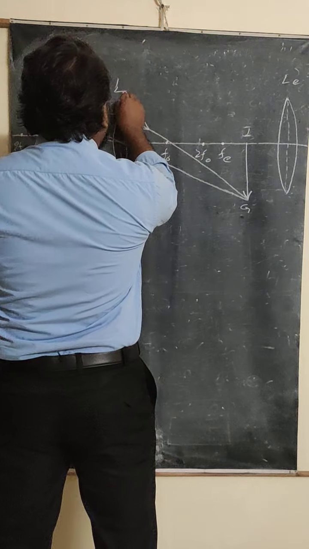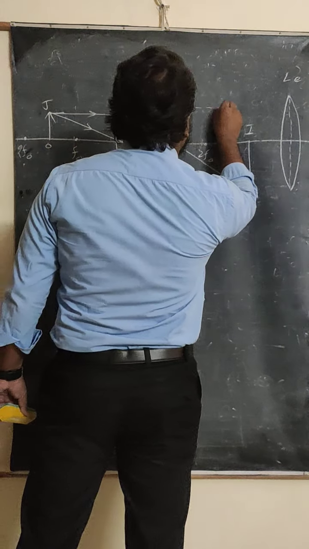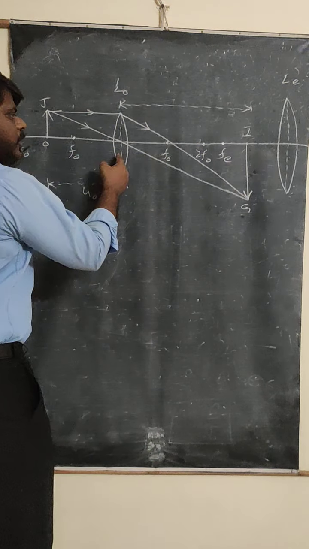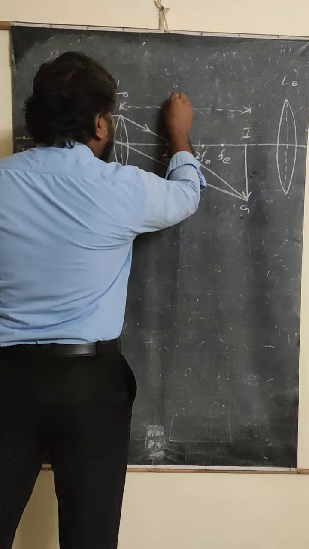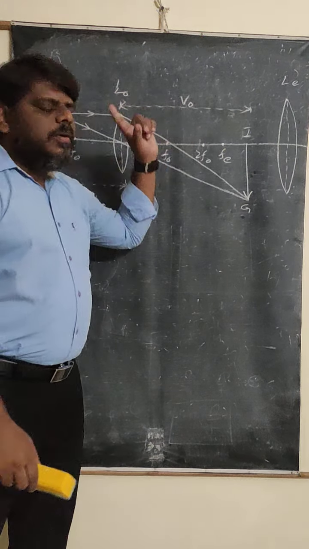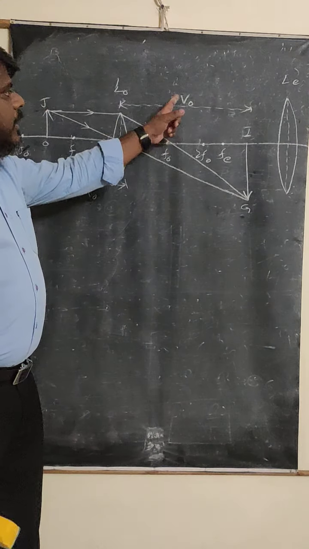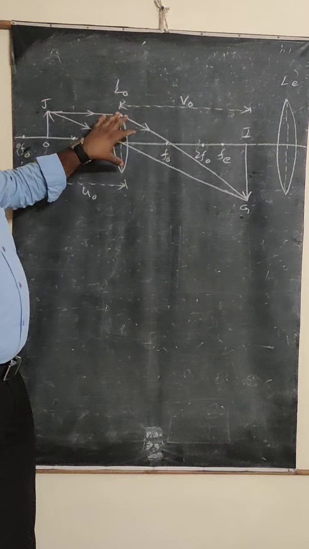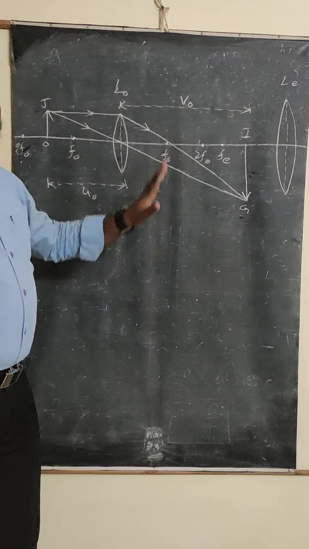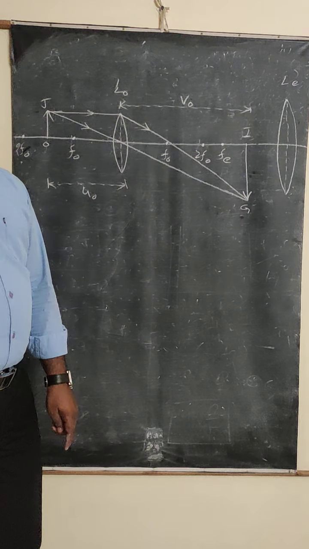And this distance, since this image is produced by the objective lens, can be represented by V0. V0 represents the image distance produced by the objective. This is the part you have to remember.